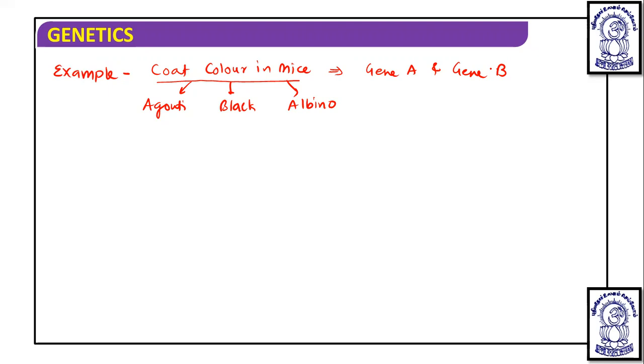But if any one is recessive, then it is going to produce albino. Albino if both are recessive or any one is recessive.